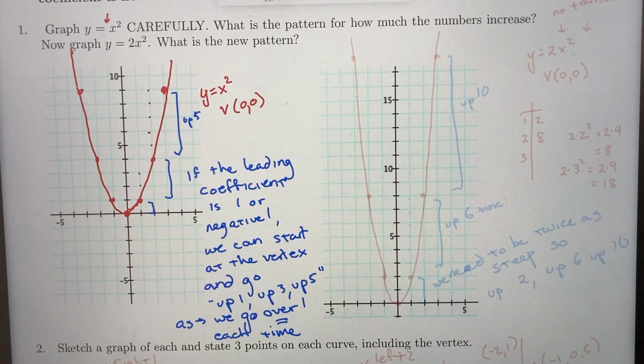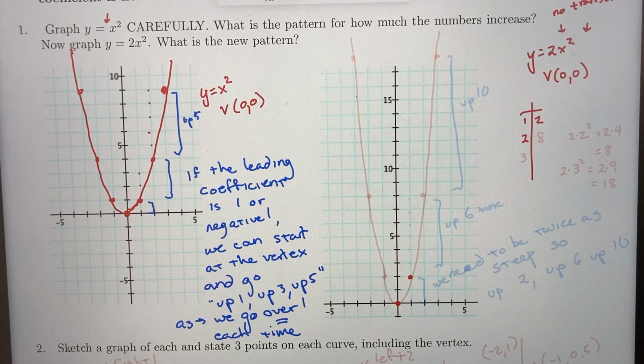Now, if I have y equals 2x squared, the vertex is still 0, 0. What does the 2 do? There's no adding or subtracting. If I plot points, 0, 0, if I plug in 1, I get 1, 2.